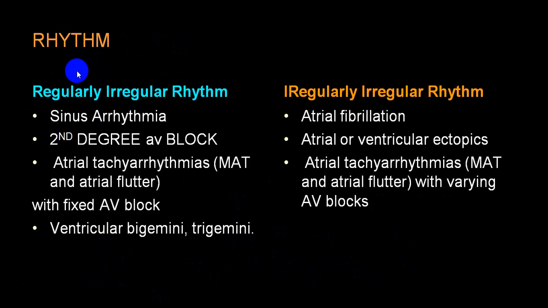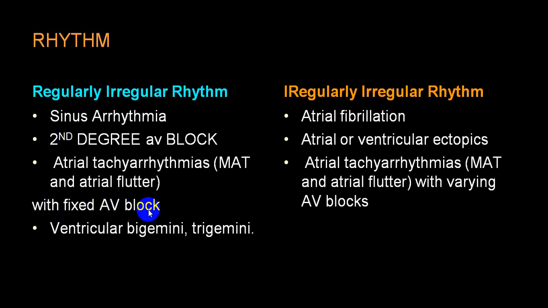So repeating again, regularly irregular: sinus arrhythmia, second degree AV block, particularly in case of Mobitz type 1, or we call it the Wenckebach phenomenon. Occasionally you can get an atrial tachyarrhythmia, particularly say multifocal atrial tachycardia and atrial flutter, which can be regularly irregular.